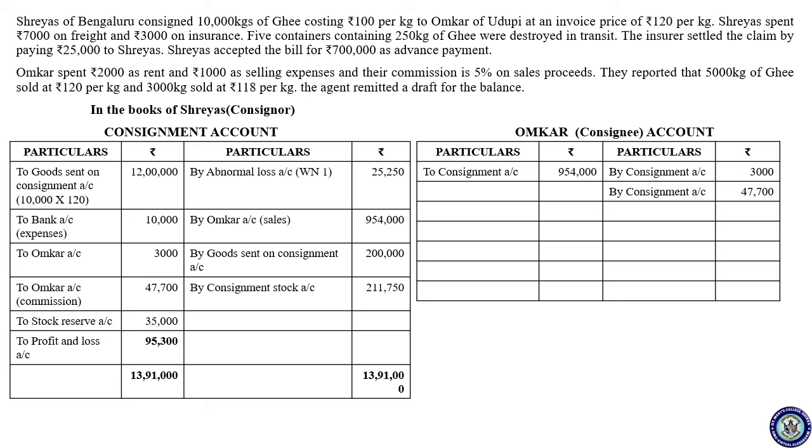The other two entries: if you have drawn the bill, then it is by bills receivable. If the advance payment has been received, then it is by bank. Here for advance payment, we drew the bill, that is the concern has drawn the bill. So it is by bills receivable, that is 7 lakh. Here Shreyas accepted the bill for 7 lakh, which means 7 lakh is paid later, that is 3 months time plus 3 grace days.